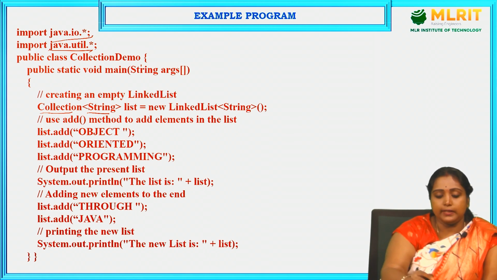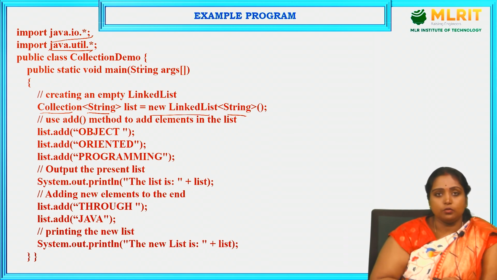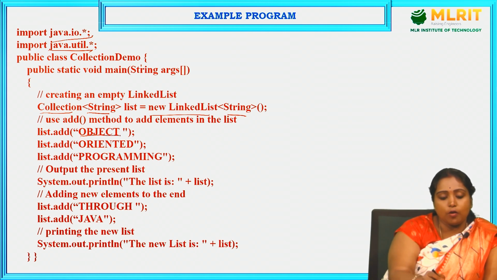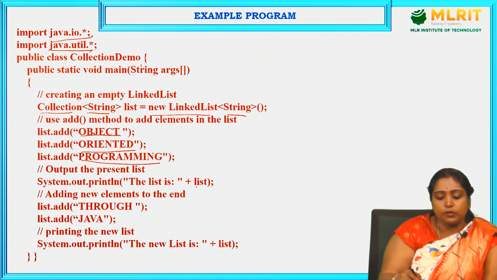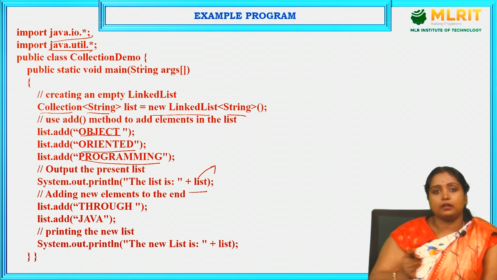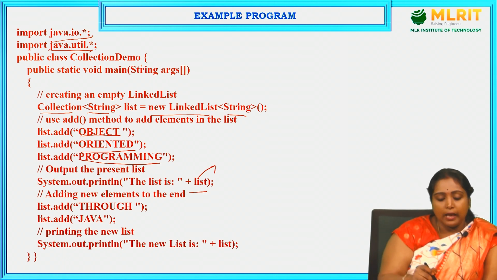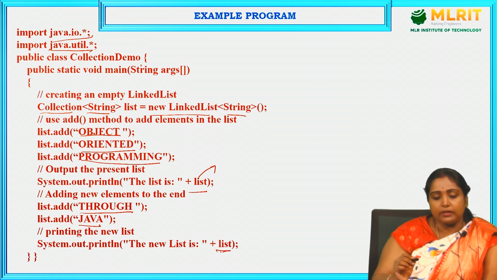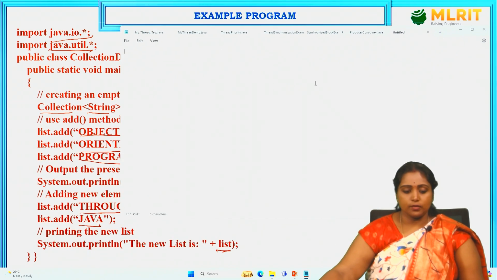So new LinkedList of string, and add is a method which is used to add a single element into the list. So I just want to add object oriented programming. And next, for the list I can directly use the reference object like this, and I can retrieve all the data here. And next, after that I am adding through Java, and again I am having the new list here. Let us execute this program.